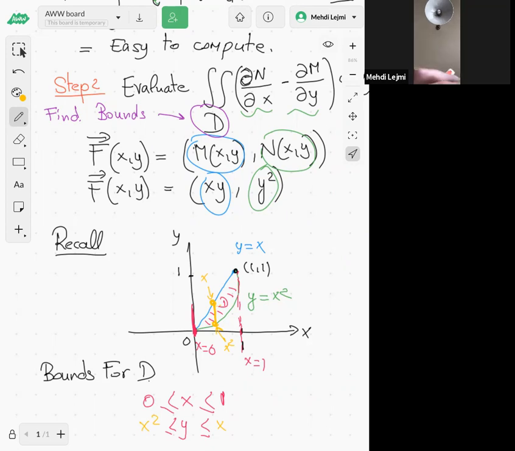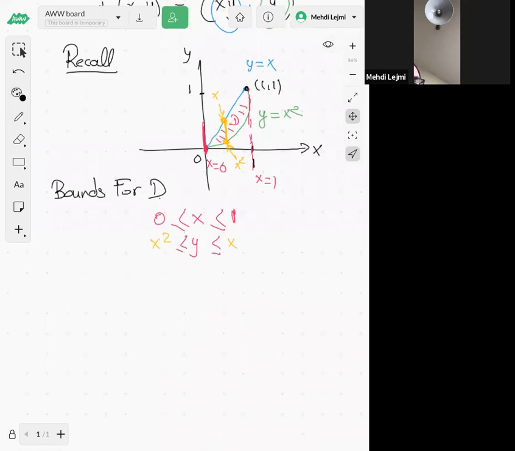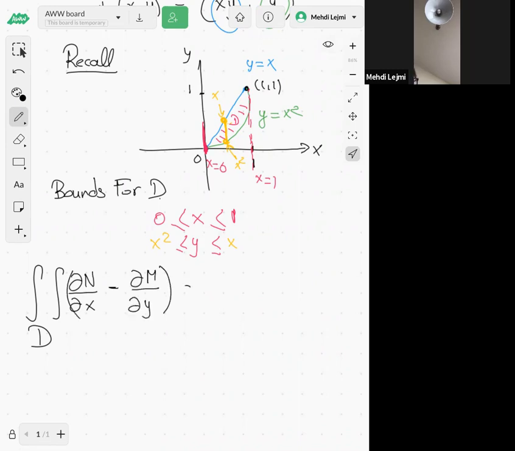So my double integral over D of the derivative of n with respect to x minus the derivative of m with respect to y, dx dy, I'm going to integrate first with respect to y and then with respect to x. So y is between x squared and x, and x is between 0 and 1.